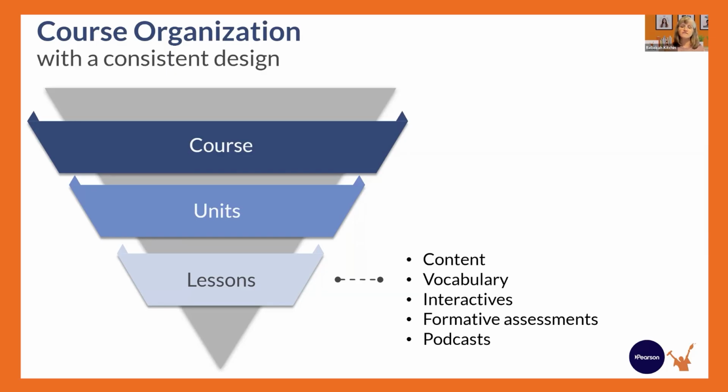There's animations and videos and different drop downs. And then there is a formative assessment at the end of each set of lessons. So each unit has a check your knowledge assessment for students to make sure that they have mastered the main objectives of the lessons and that they're ready to move on to the quiz and the other activities.